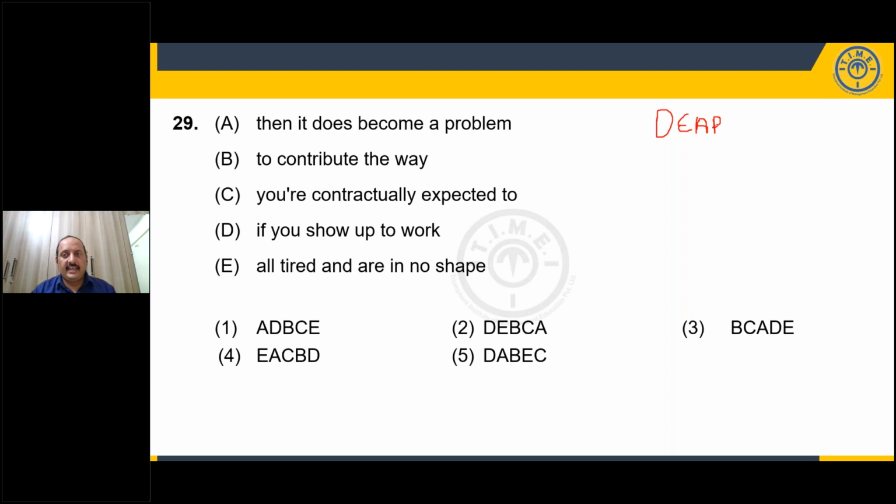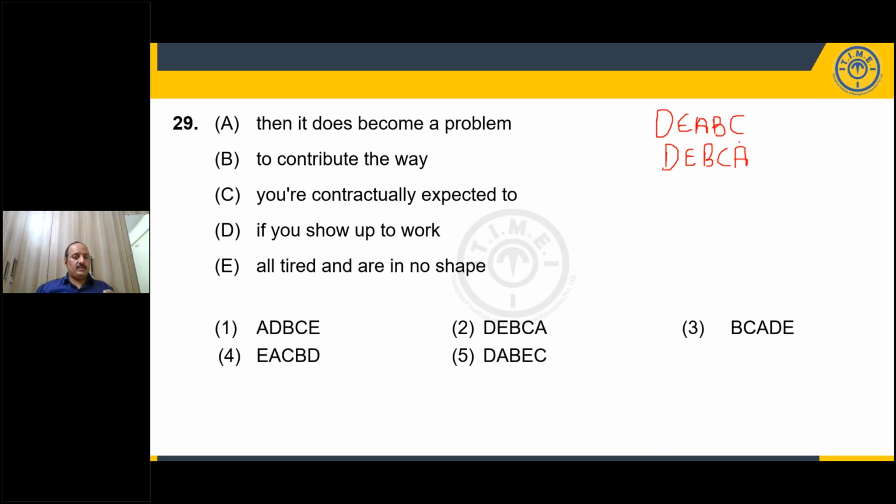So D, E, A, B, C could be one way. Or I could also say, if you show up to work all tired and are in no shape to contribute the way you're contractually expected to, then it becomes a problem. So both these orders are fine as per logic.